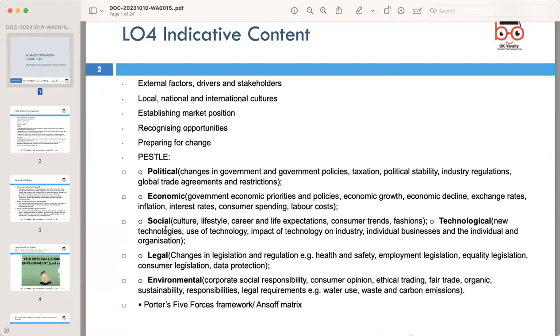Then the technological factors: advances in technology and their impact on industries and businesses. Next are environmental factors: corporate social responsibility, ethical practices, and sustainability concerns. In legal factors: changes in legislation such as health and safety, employment, and data protection laws.